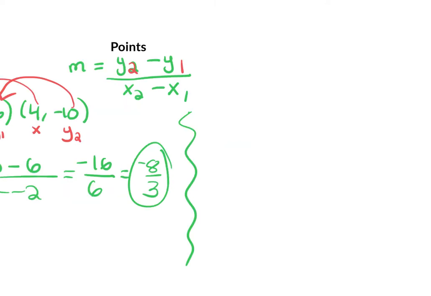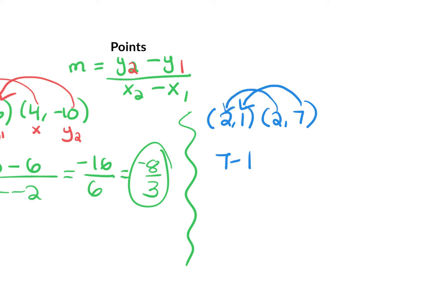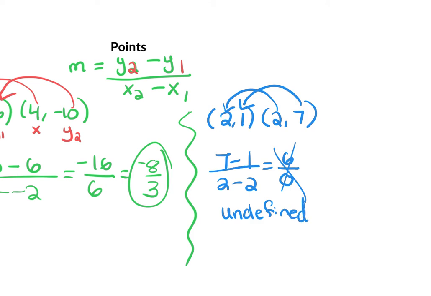Okay, next example, let's look at (2, 1) and (2, 7). Find the change in my y values, 7 minus 1, over the change in my x values, 2 minus 2. Oh, there actually wasn't a change in my x value, so that would be 6 over 0. Can't divide by 0, so this rate of change is undefined.